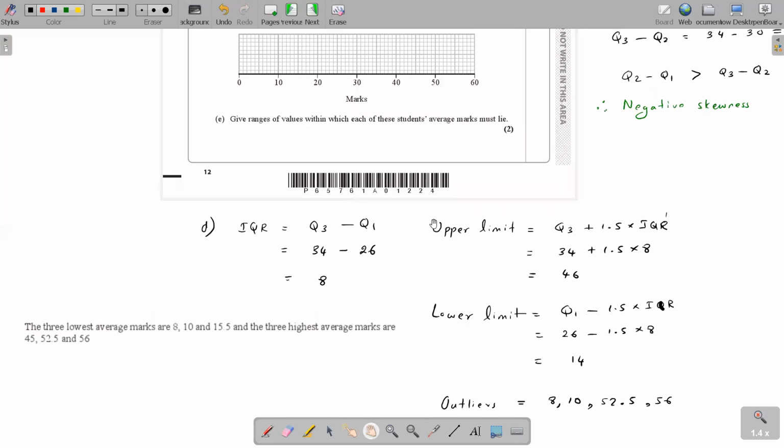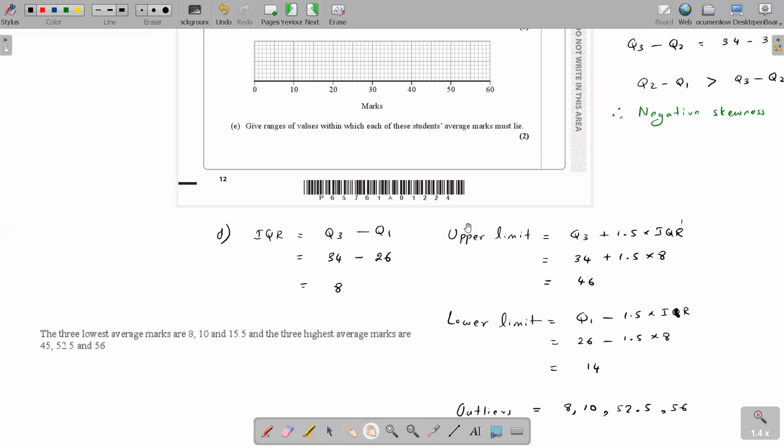So let's draw the box plot now. So outliers are at 8 and 10. Then the box plot starts from what? 8, 10.